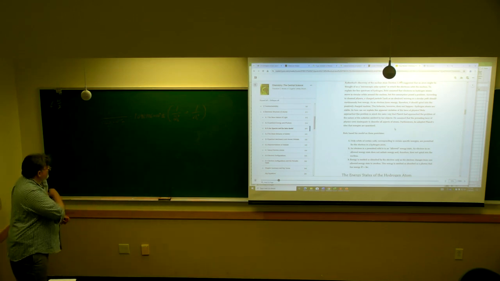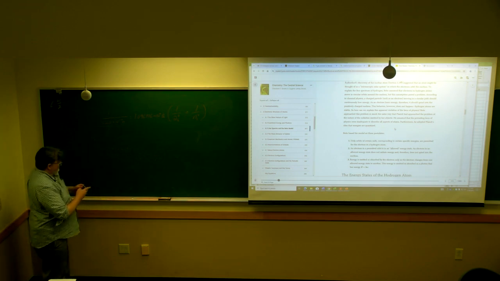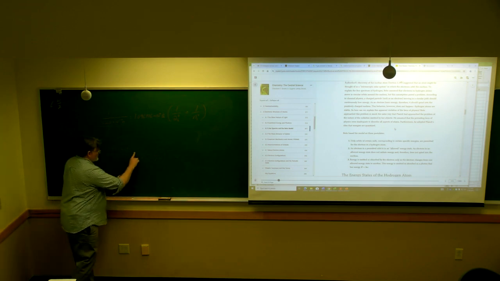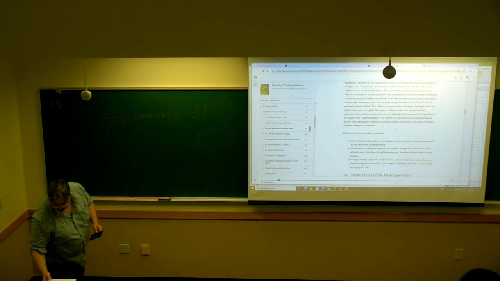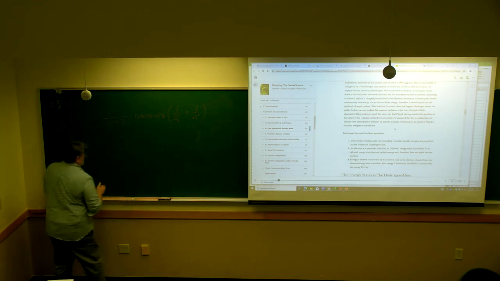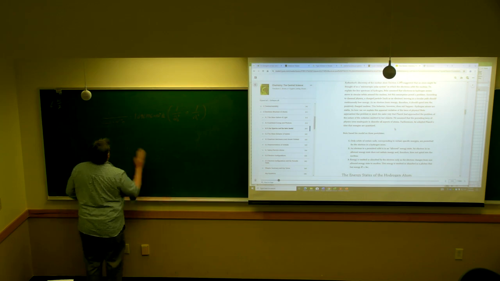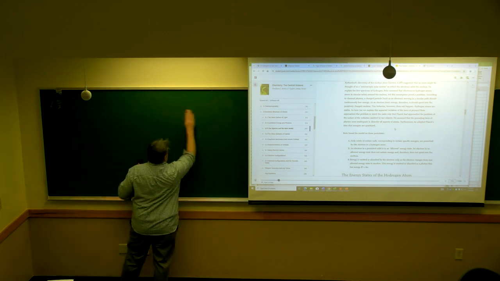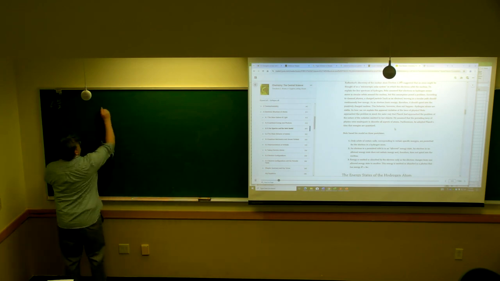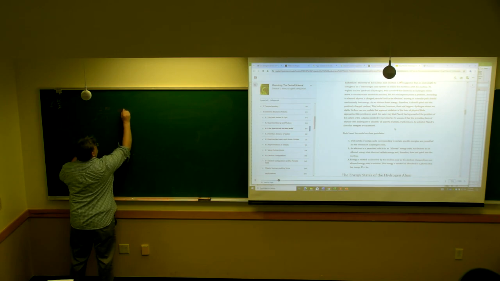That looks way more simple. So we'll use that equation. 2.98 times 10 to the negative 19 equals 2.178 times 10 to the negative 18.